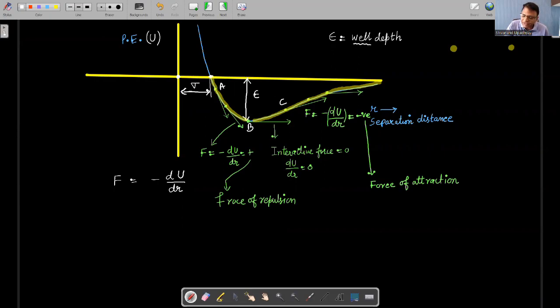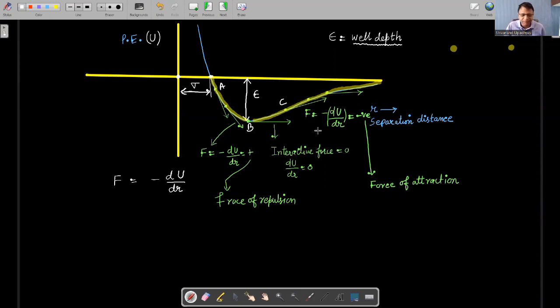This well depth tells about the strength of the force of interaction, whether the force of attraction is strong or weak. If the well depth is more, it means the real gas molecules have more force of attraction. Smaller well depth means the force of attraction between the real gas molecules will be less. So well depth is also important in this graph.